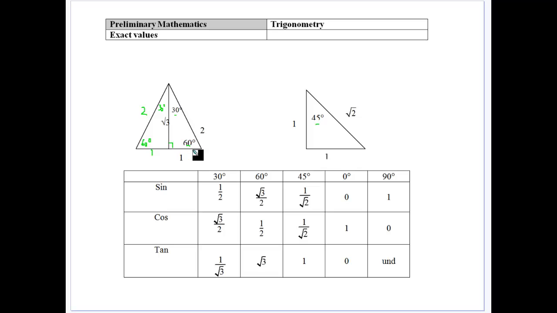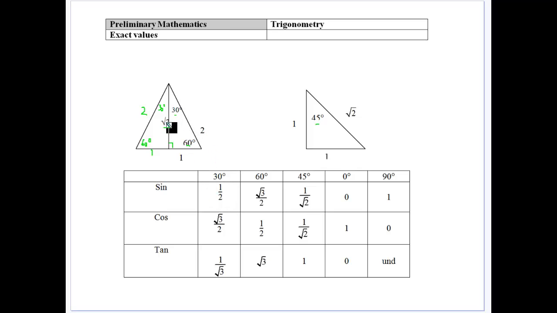Now, the base here is 1, the hypotenuse is 2, so by Pythagoras' theorem we get this side being root 3. Now because we've got the 3 sides in the triangle and those 2 angles, we'll be able to generate the ratio for sine of 30, because we can look at 30 degrees as the opposite side over the hypotenuse, so that's where the half comes from.